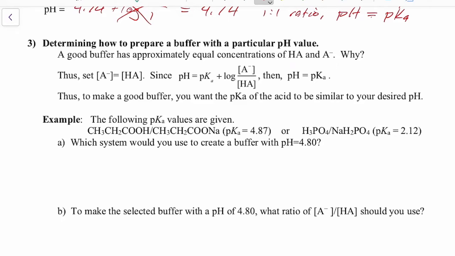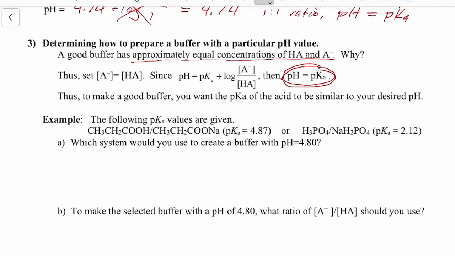Because in order for it to be a buffer, you need approximately equal concentrations of the HA and the A-. You can't have one where there's too much of one and not enough of the other. So if you want to make a buffer of a specific pH value, you want to find an acid whose pKa is roughly equal to the pH that you're looking for.